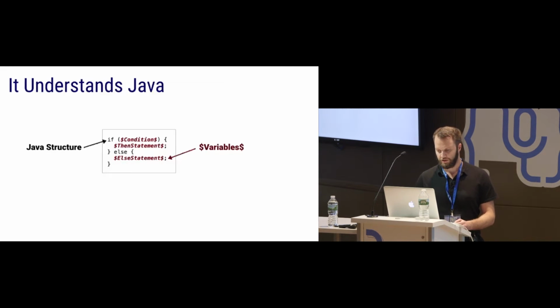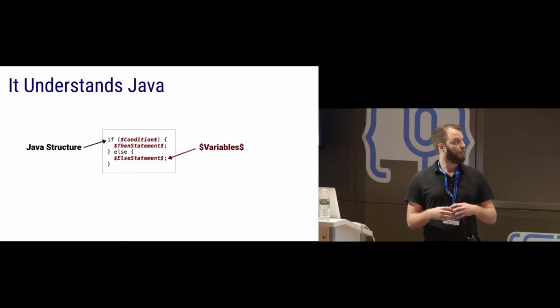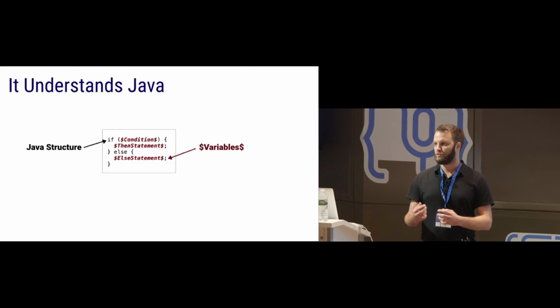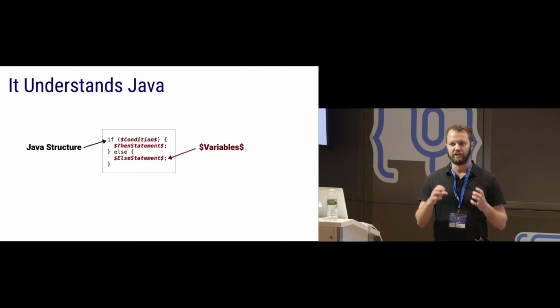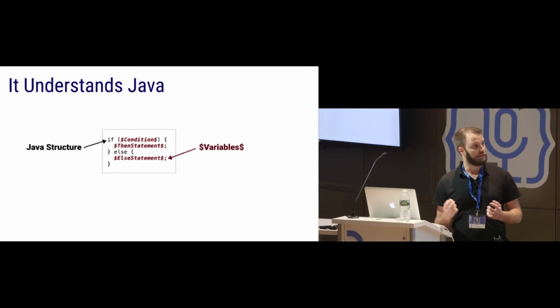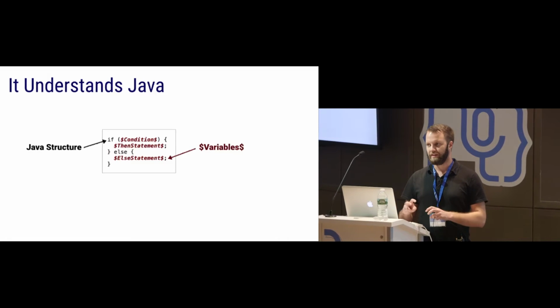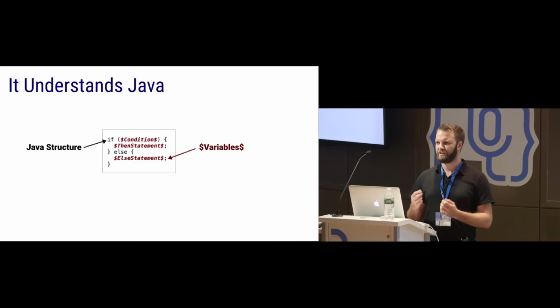How does it work? When you use structural search, you usually build your search query by mix-and-matching Java syntax and variables. The Java syntax is what you would expect. It's just writing an if, and then you have variables that are enclosed in dollar signs, which are pretty much like the capture groups in regular expressions.